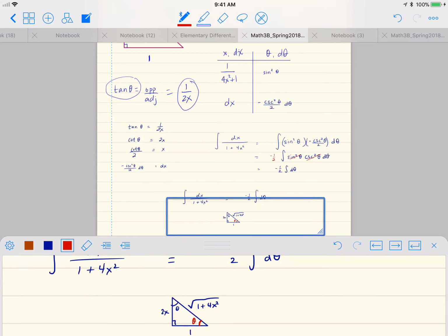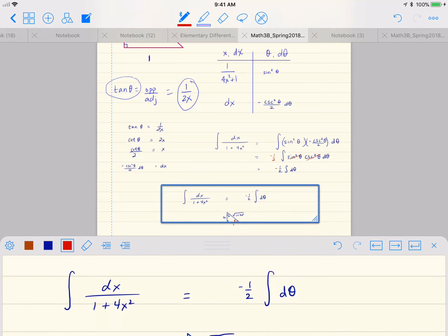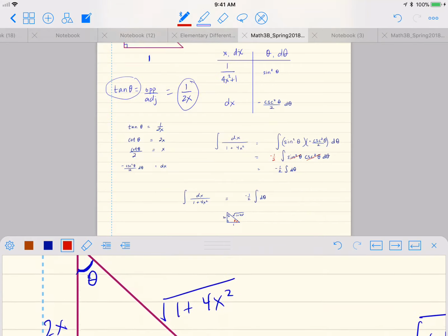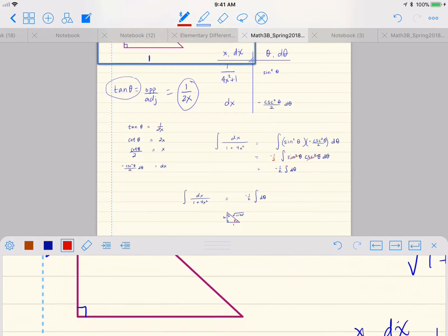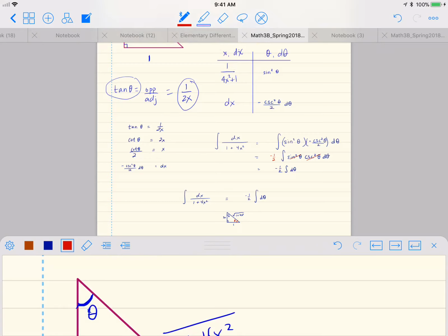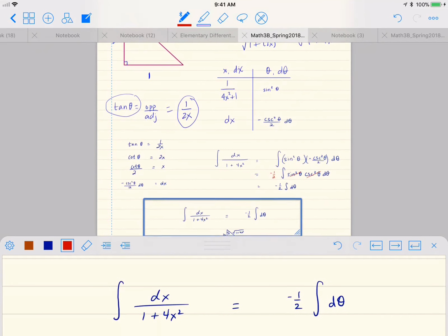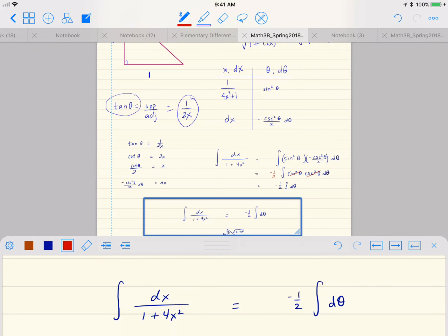So there are definitely two different ways to use trig substitution because you've got two different locations to place your theta in your triangle, right? Because you can place it in this angle or you can place your theta down here. So that's going to give you two different ways to interpret this integral.